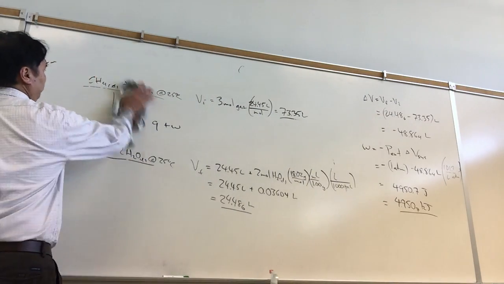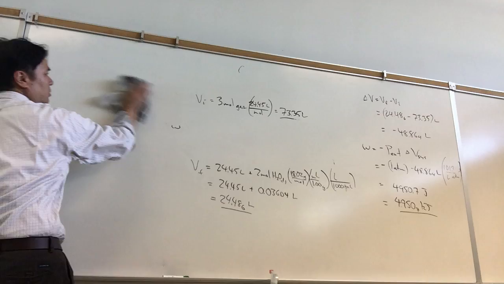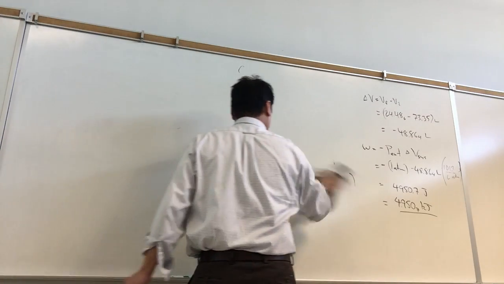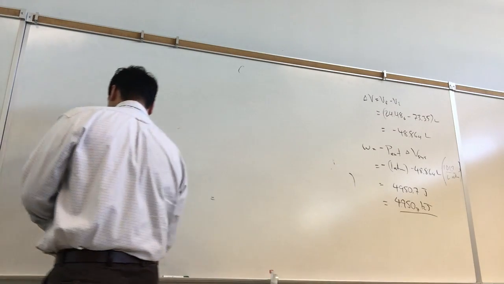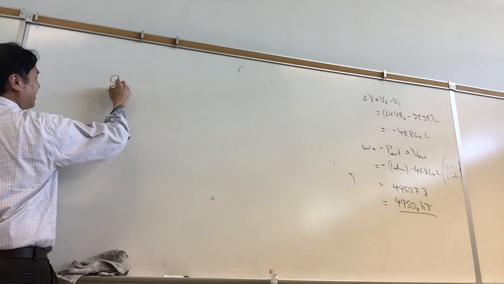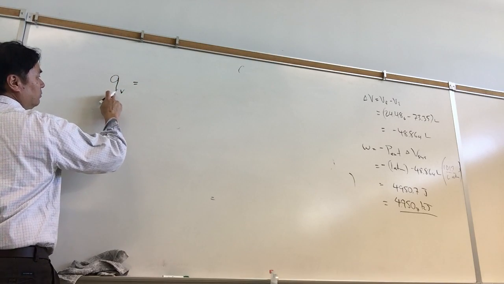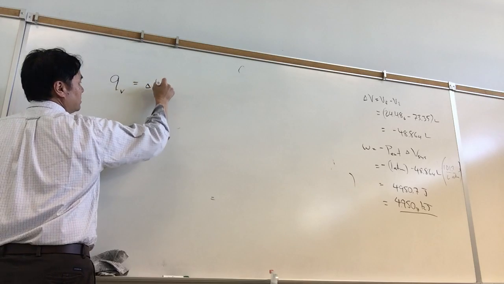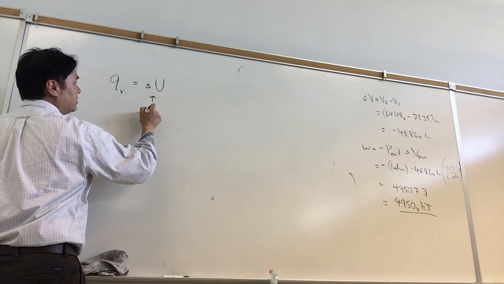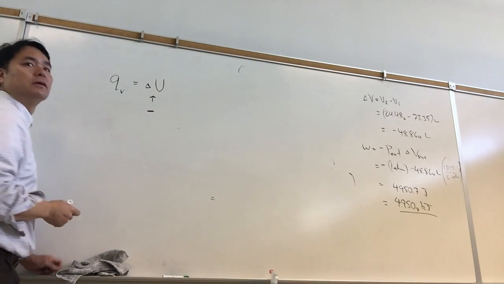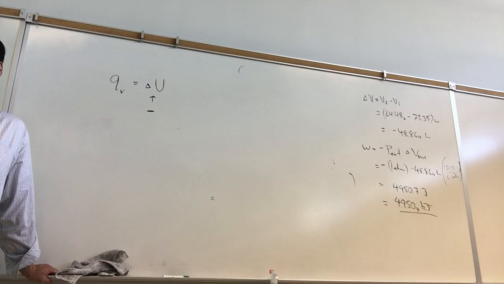All right, now when we compare the two, I don't have the number, but we have to use some thinking here to figure it out. We see that QV, the heat under constant volume, is equal to delta U. Delta U is negative or positive for this? It's an exothermic reaction.